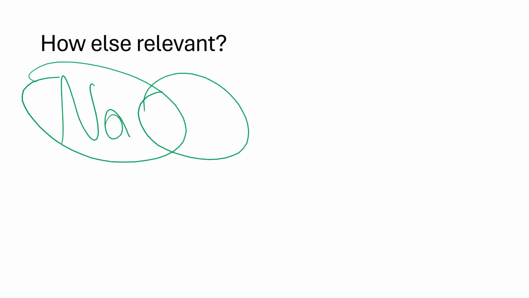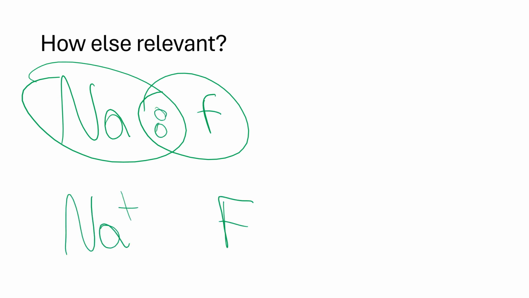Now this is relevant based on the ion charges, because again, let's say we have sodium and fluorine. Sodium wants to form a +1 charge and fluorine wants to form a -1 charge. So electronegativity is the pull of those electrons.